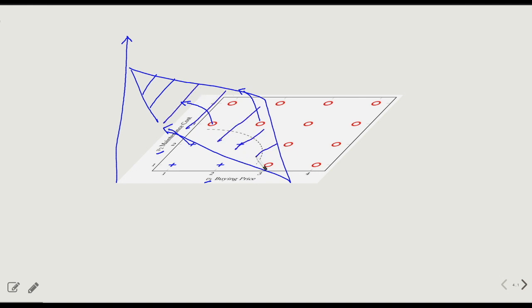A linear function on a three-dimensional space is a surface or a plane. And so we can use a plane to separate the two classes in the higher dimensional space.